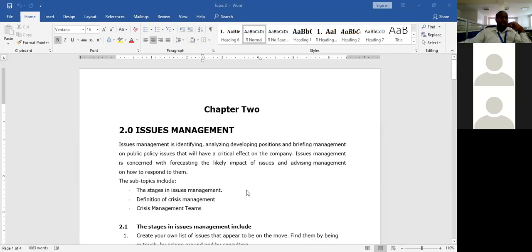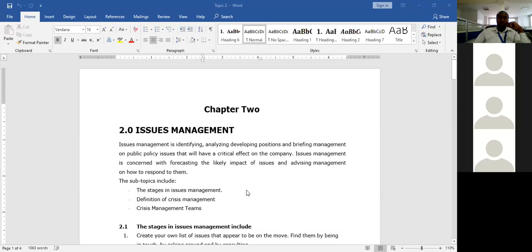He needs to identify an area, analyze it, develop positions, and brief the management on the public policy issues that will have a critical effect on the company. Remember the statement: it is the art and social science of analyzing trends, predicting their consequences.